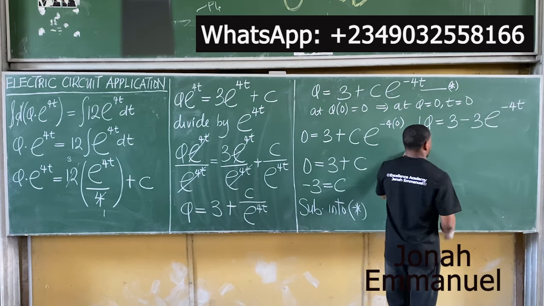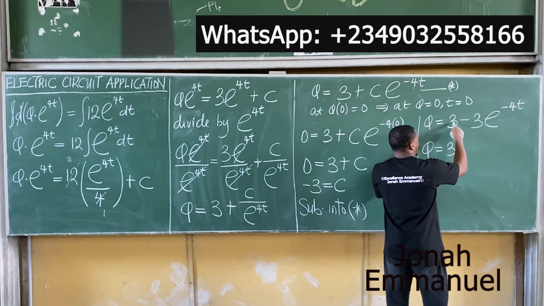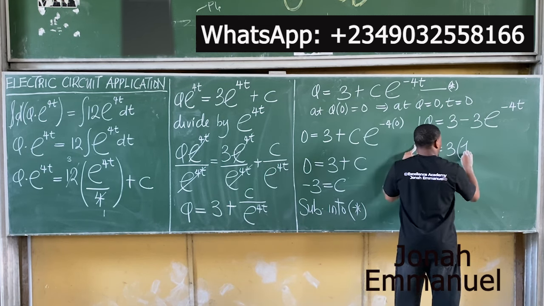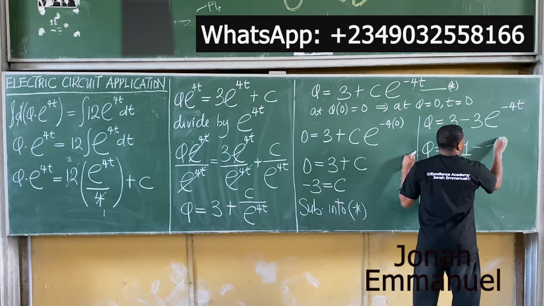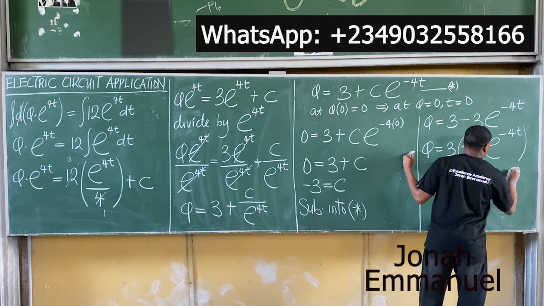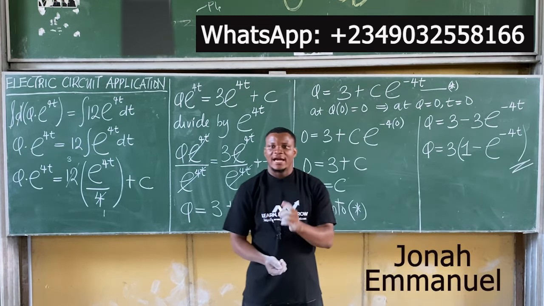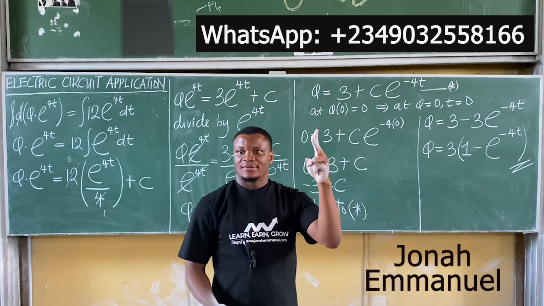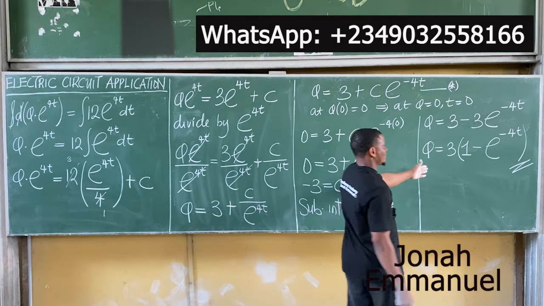If I factorize this, you have that q is equal to 3, and 3 divided by 3 gives 1, minus exponential minus 4t. This becomes the answer, so you should find q and also I. So we've gotten the equation for q, which is this.